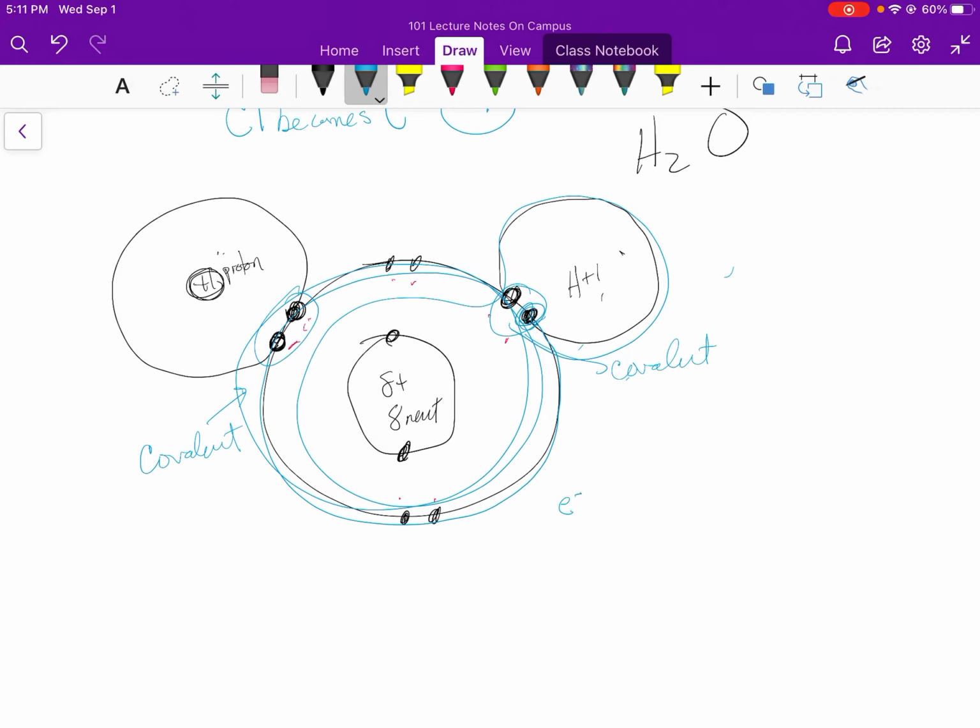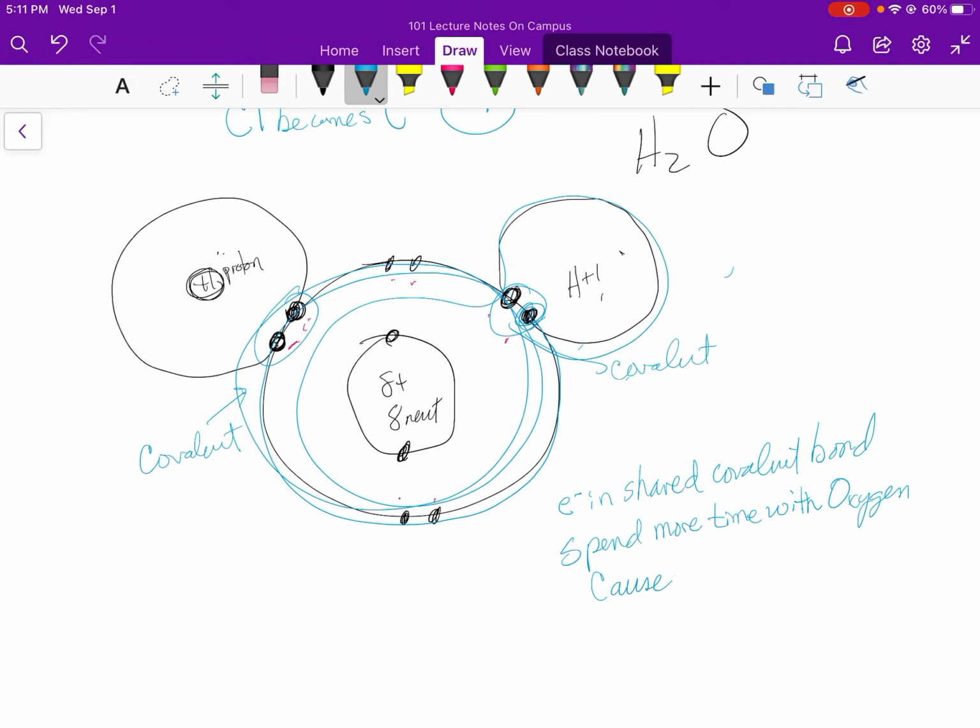oxygen. So the electrons in the shared covalent bond spend more time with oxygen. It's partly because oxygen's bigger, partly because it has a really strong electronegativity. It strips them off and holds them for longer.